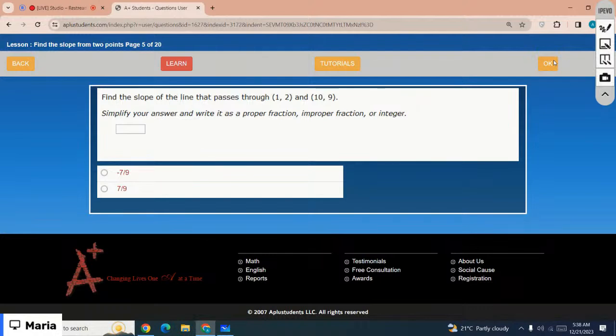Find the slope of the line that passes through the points 1, 2 and 10, 9. Which is the correct option?